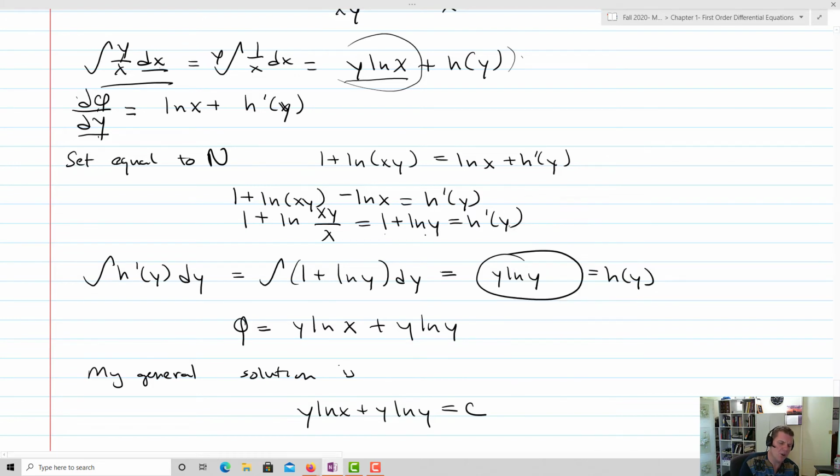Then we take the integral with respect to y to get h of y back. Don't forget that the first integral that we took was part of phi, and now we have the second piece of phi that we can add to it. Once we found what phi is, we set that equal to some constant, and that gives me my general solution.